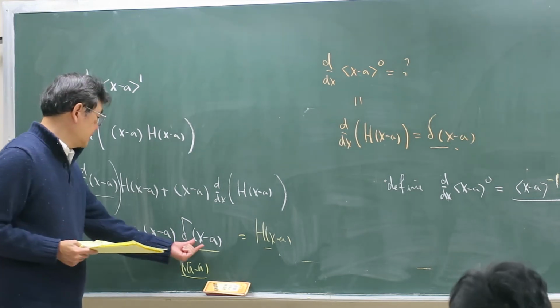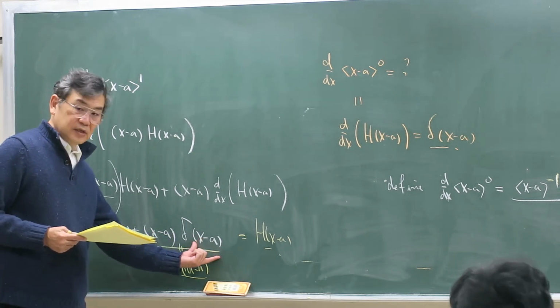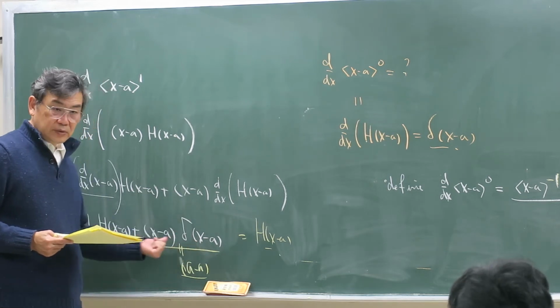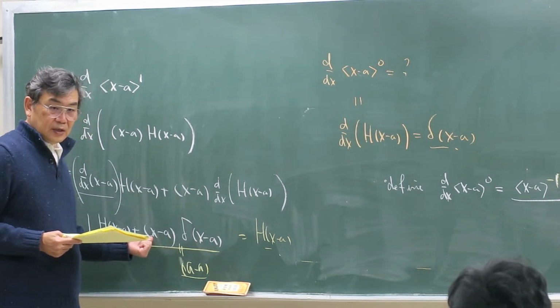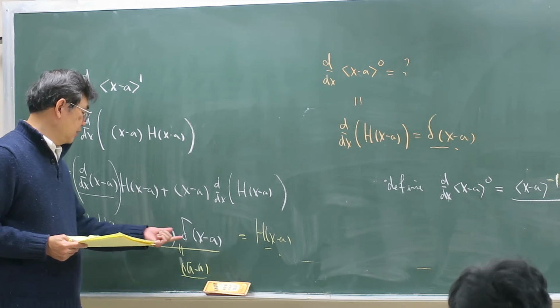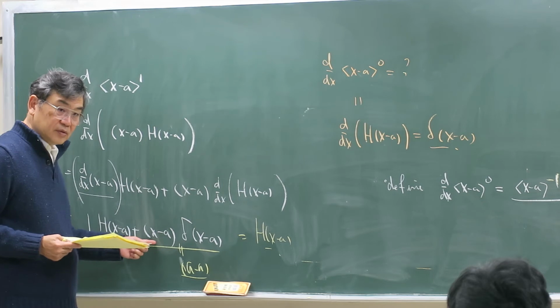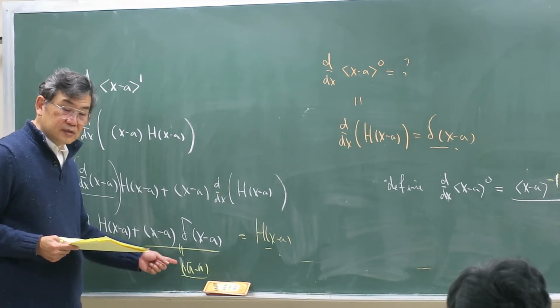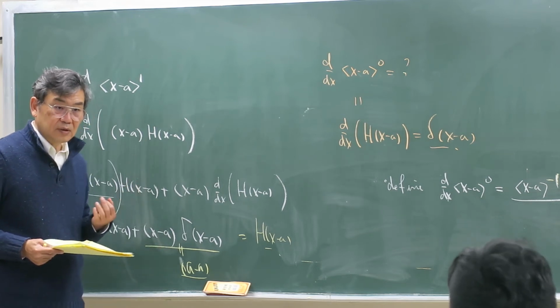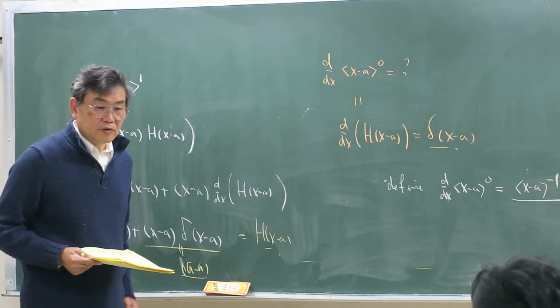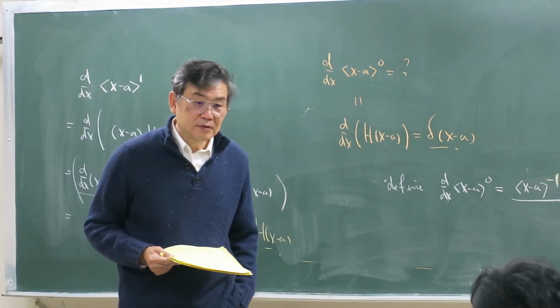For x not equal to a, this term is 0, so this whole term is 0. And for x equal to a, this is infinite, but this is 0, so it's still 0. 0 times infinity is still 0. So who is powerful, 0 or infinity?